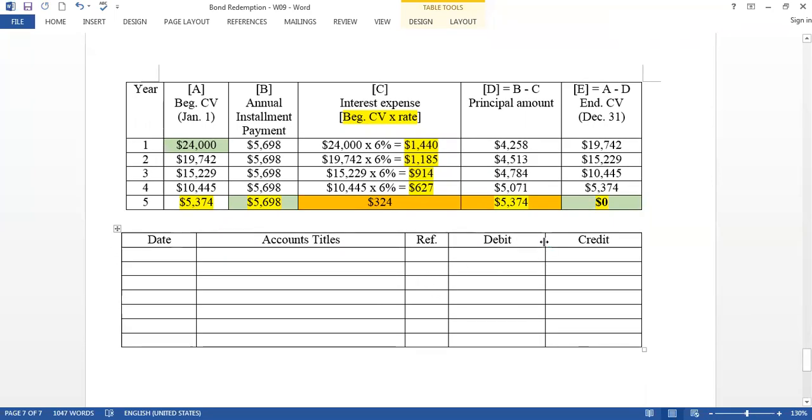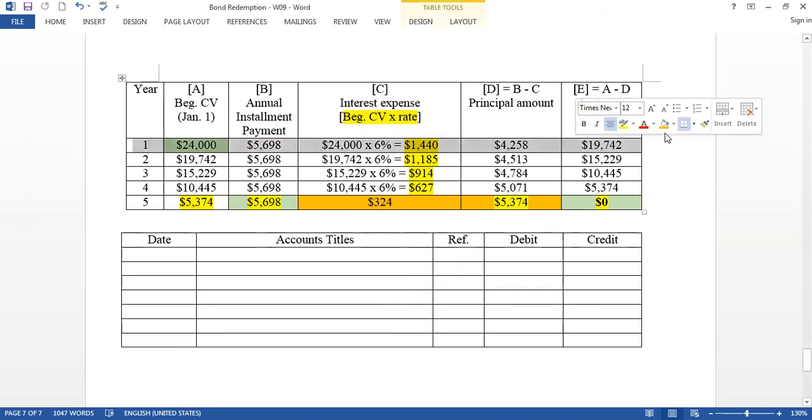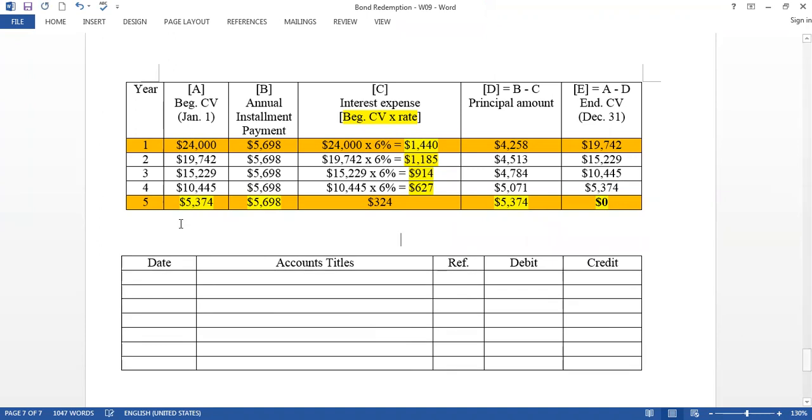So how to record the journal entries for every year? Again, I am not going to show you all journal entries. I'm going to show you journal entries for year 1 and year 5. So these two years' journal entries I'm going to show you.